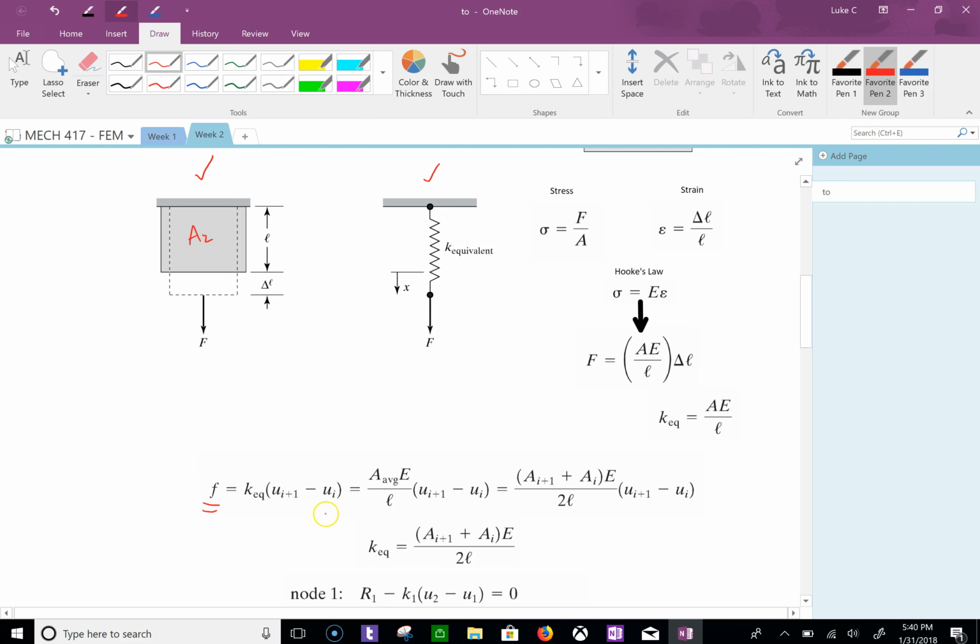All right. And we can keep going through all this and plug in what the equivalent K is. Because we're doing these rectangles, we're going to have to use an average area, which is (A(i+1) plus A(i)) over 2, because of the shape.